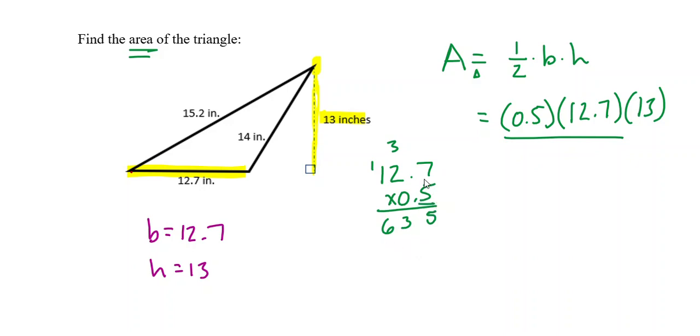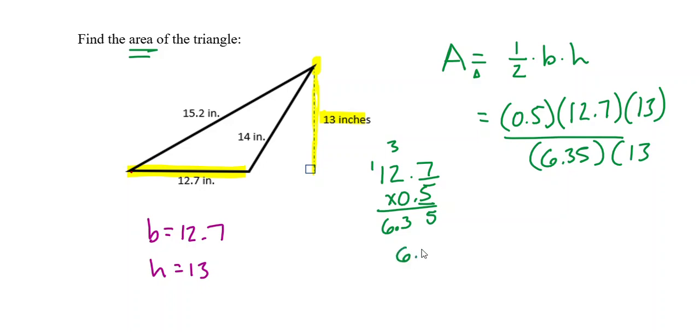And then I count the places after the decimal point, 2 spaces, so the answer is 6.35. Now that makes perfect sense if we were estimating, because half of 12 is 6, so half of 12.7 is 6.35. 6.35, that's the answer to the first two multiplied together, times 13, and now we have another multiplication to do.